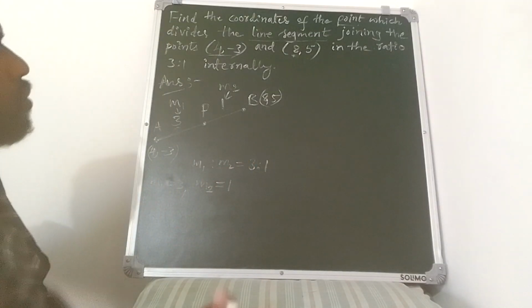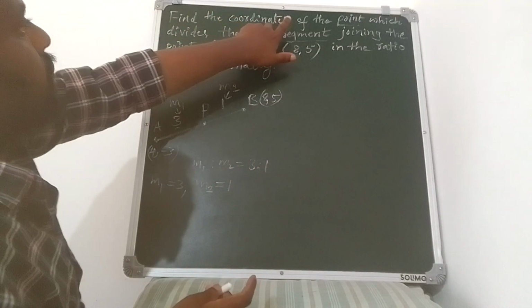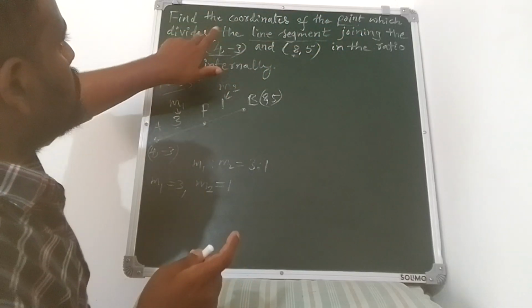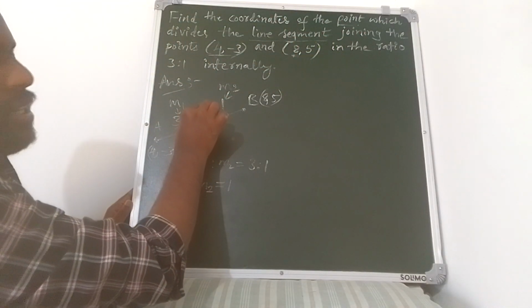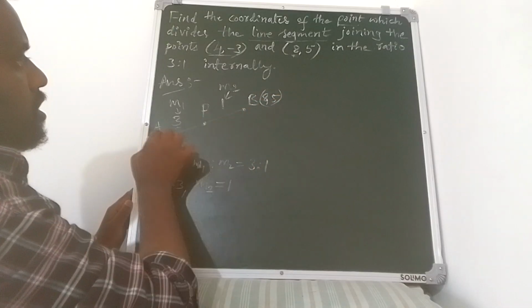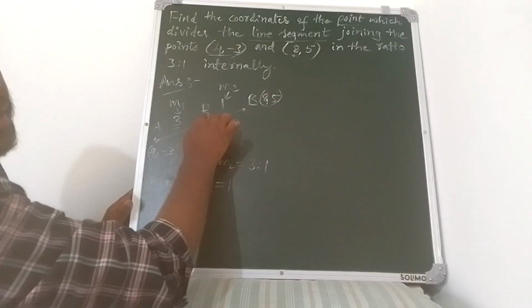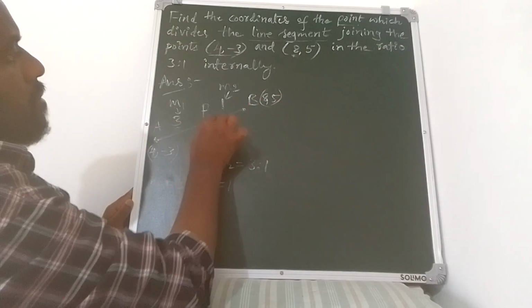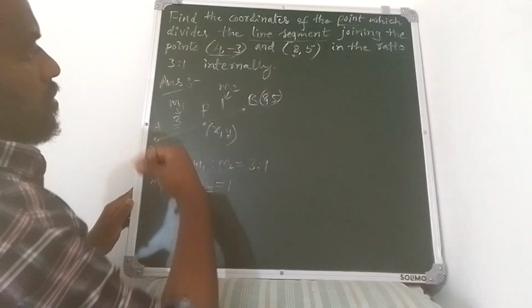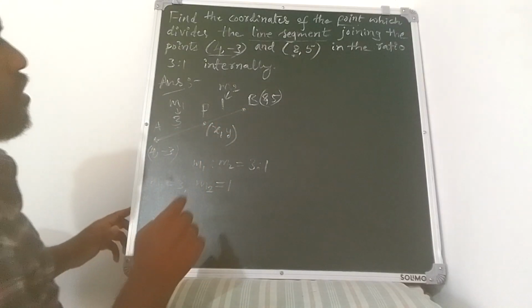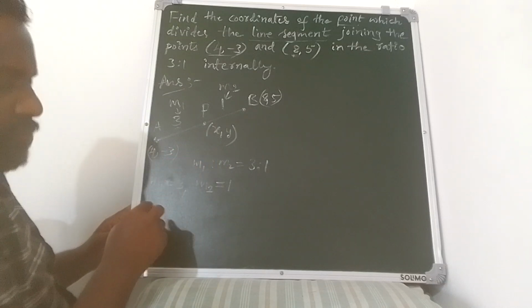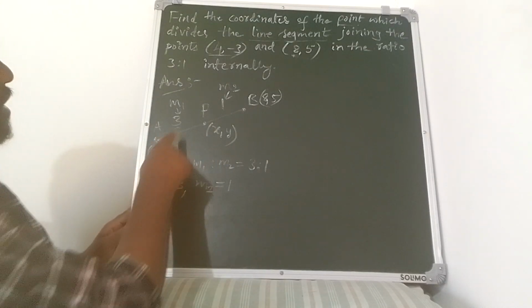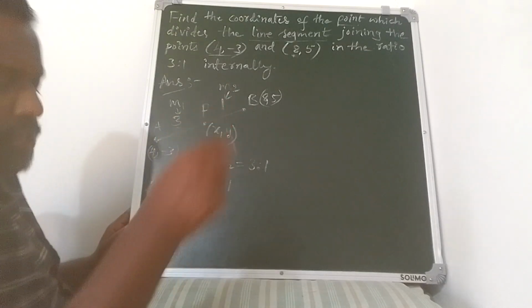Now what we have to do? The question is: find the coordinates of the point which divides the line segment, the point P dividing this line segment. We need to find its coordinates, x comma y. So I will take the coordinates of this point P as (x, y). You got it, m1 is equal to 3, m2 is equal to 1.